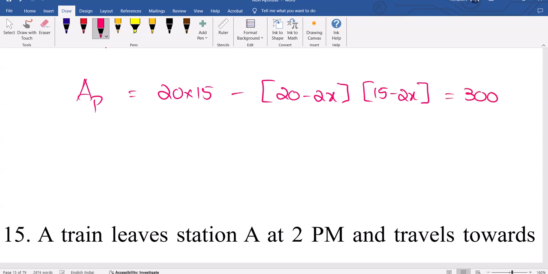That's equal to 300. Then this should become 0. It's not possible with this actually, x value 10. This should become 0 then obviously. There is some bug in the question.